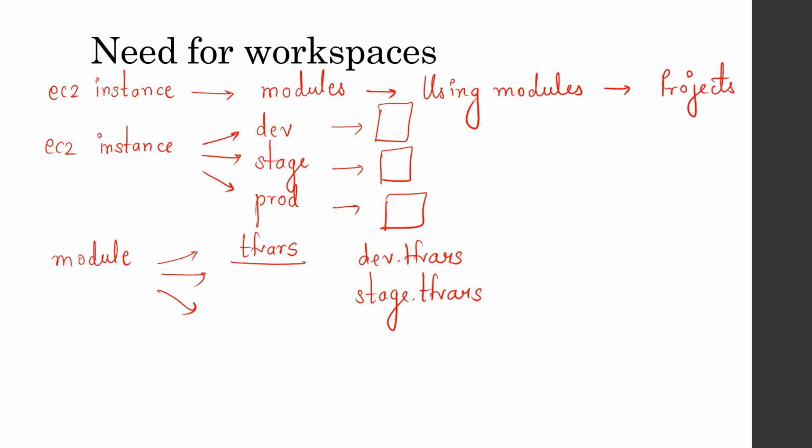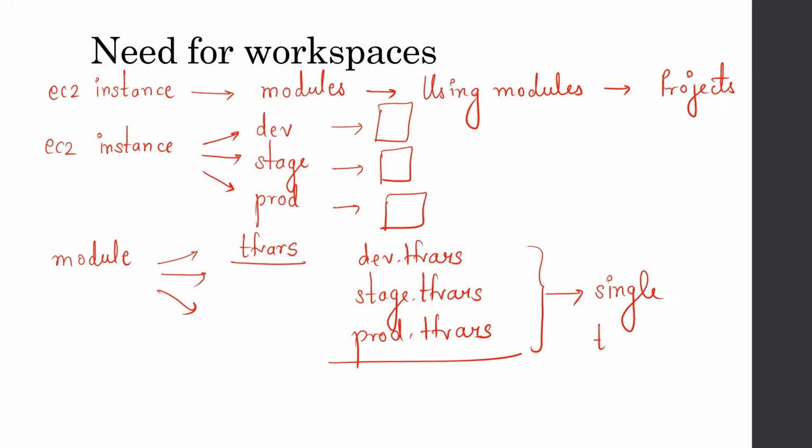For prod, you create prod.tfvars. So you created these vars files across the root module, and just implement it. But the problem here is that all three are going to use a single tf state file.